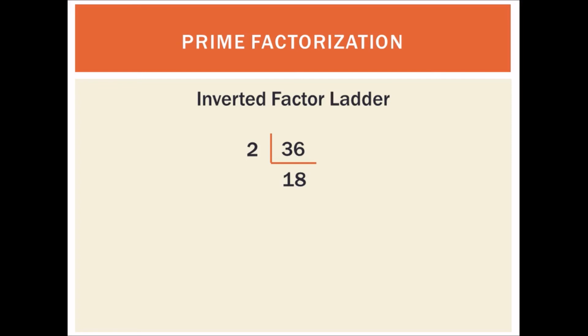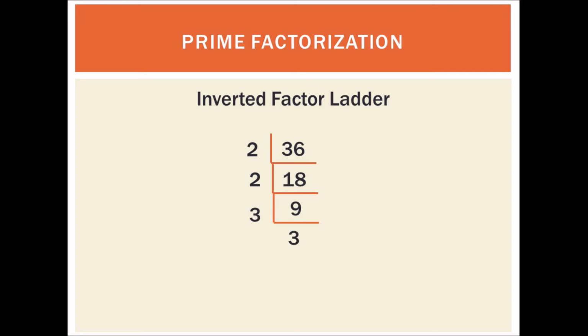And again, I can choose 2 or 3, but I'm going to choose 2. So 2 goes into 18 9 times. Now is 9 a prime number? No. So we're going to try another number. 2 does not go into 9, so the closest prime number that we can use is 3. So 3 goes into 9 3 times.